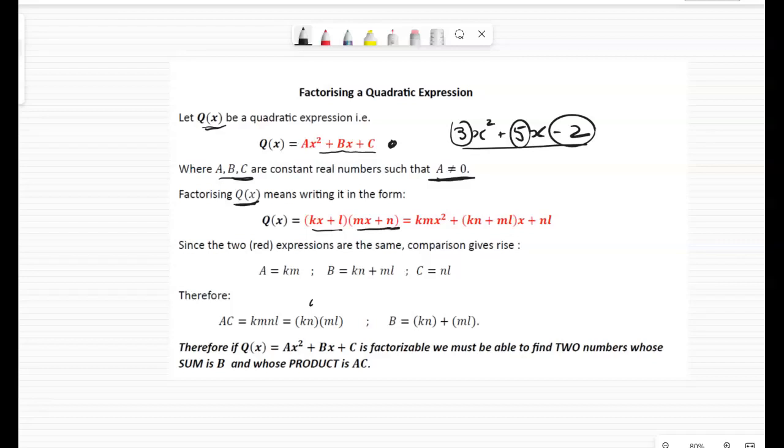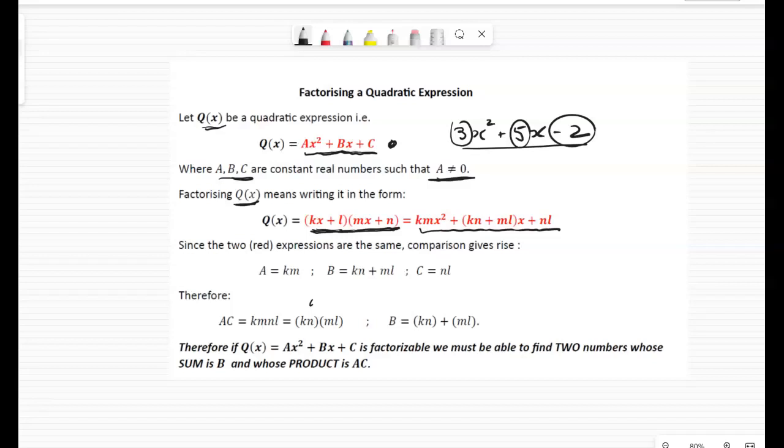If we multiply out this expression, the result is identical to the original expression ax squared plus bx plus c, as they both are polynomials of degree 2. They are both equal to q(x).